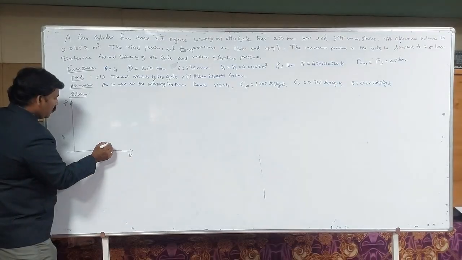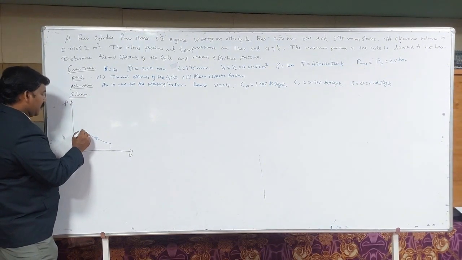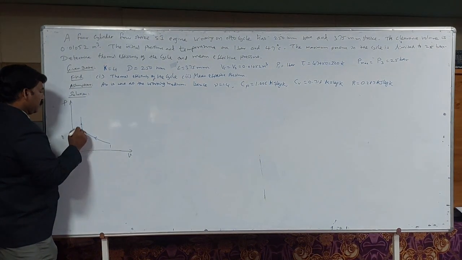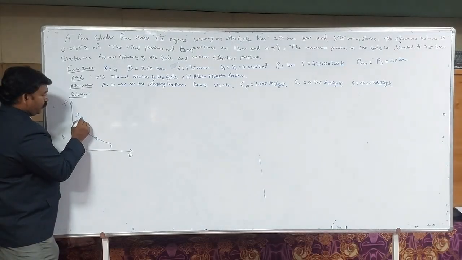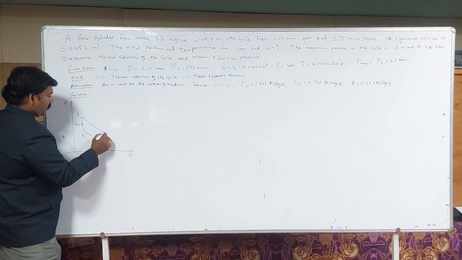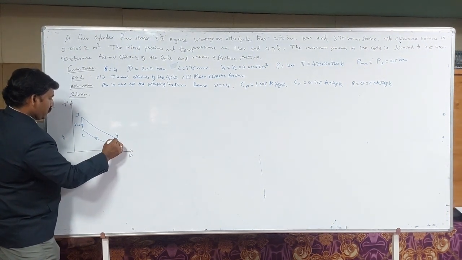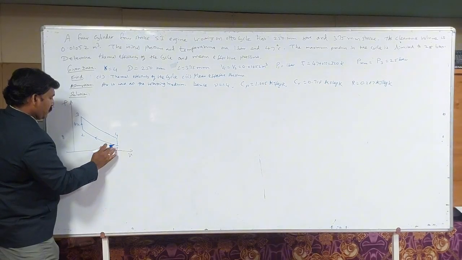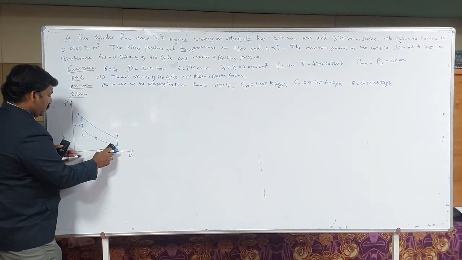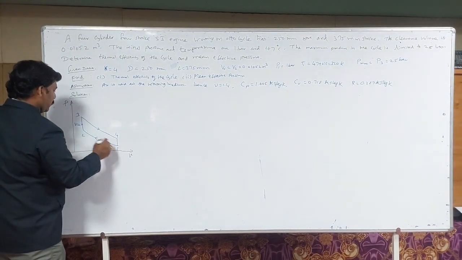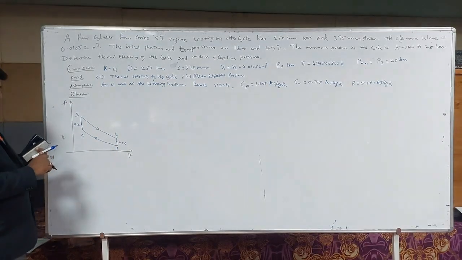The process 1 to 2 is a compression process, and 2 to 3 is a constant volume heat addition, and 3 to 4 is the isentropic expansion, and 4 to 1 is the constant volume heat rejection.